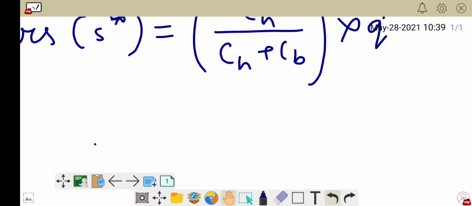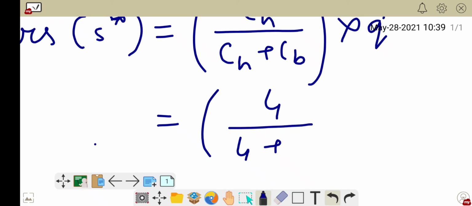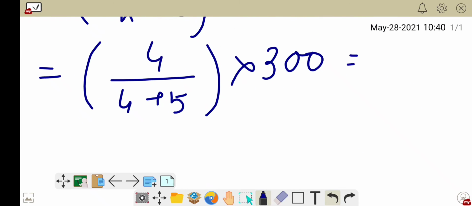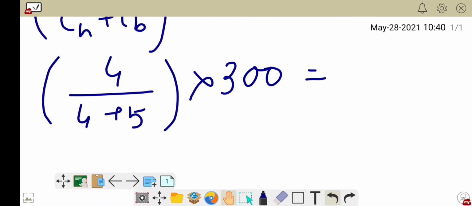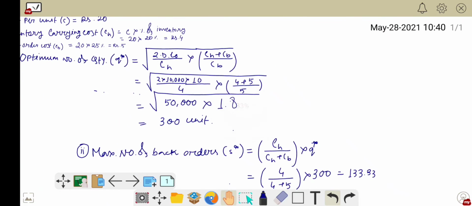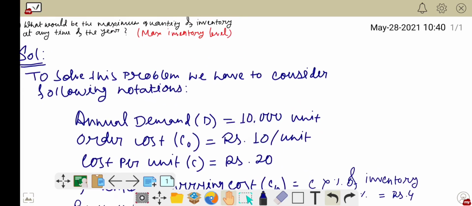So that will be 4 divided by 4 plus 5 multiplied by 300. It's already calculated in my copy, so you guys should calculate in your calculator and then judge yourself. That is 133.33.